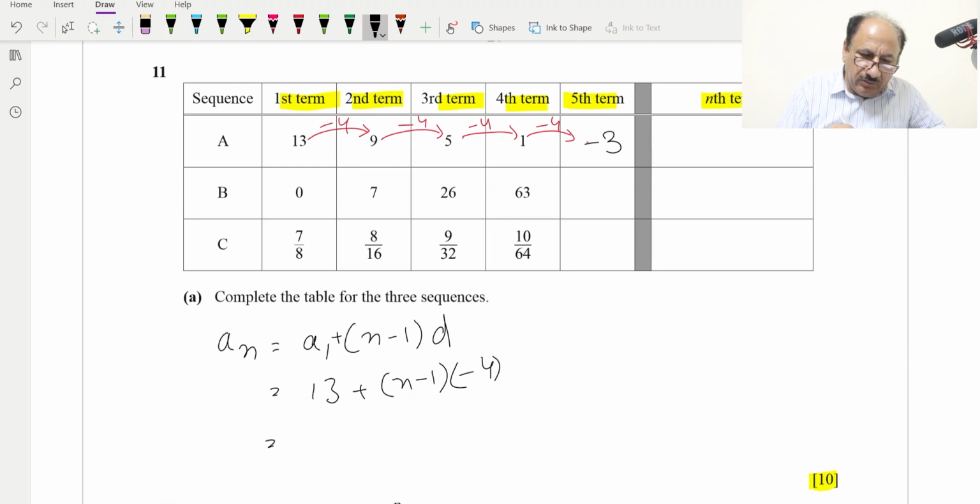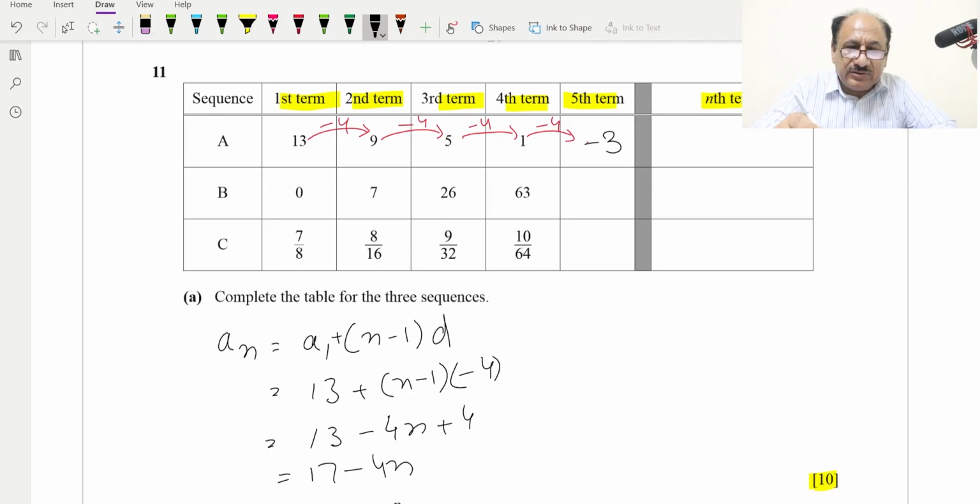So now we can open this one. 13 plus, this should be minus, because minus 4 will be multiplied with n, so minus 4n and plus 4, and we can write it as 17 minus 4n, and 17 minus 4n will be the answer, the nth term for this A.